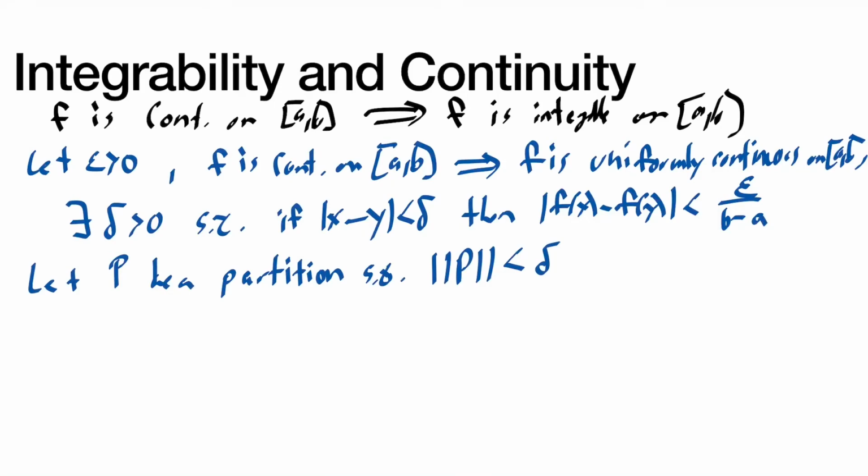So what I know is that if I just take one interval, say x_{j-1} to x_j, what is the maximum of this?